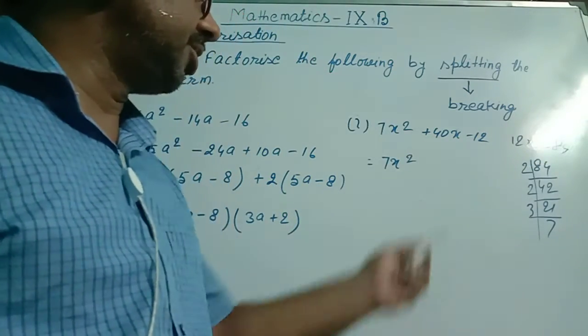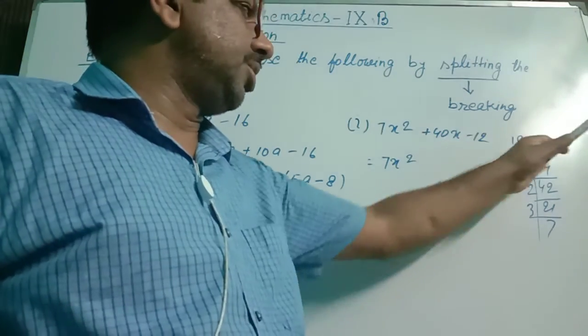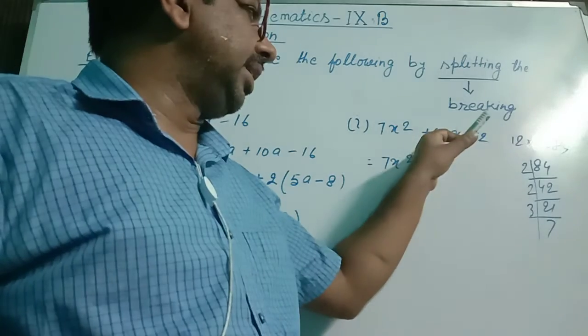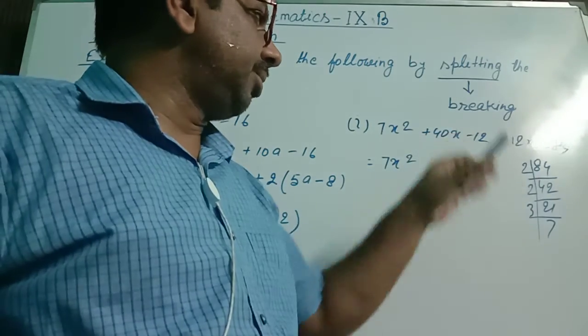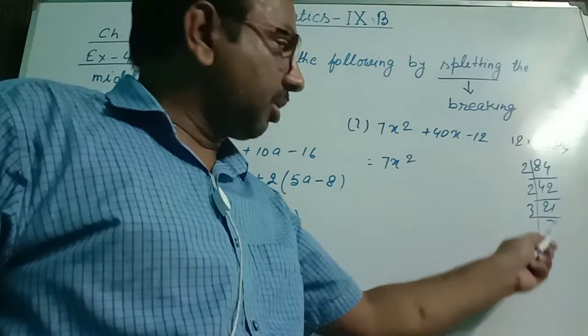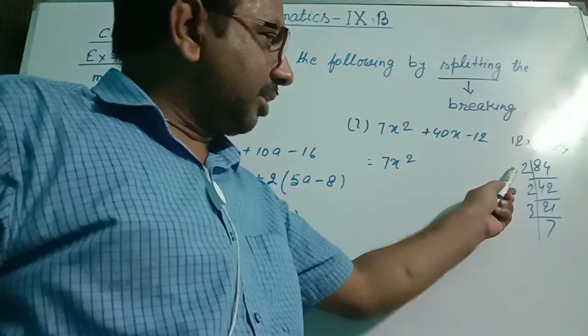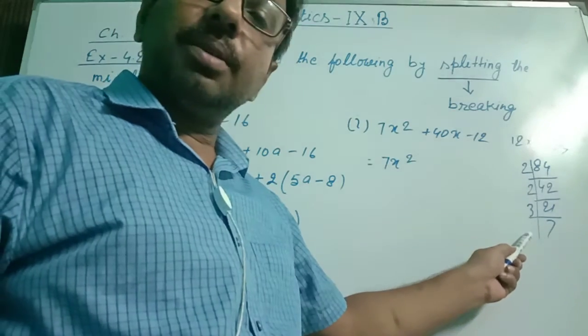How will we split this middle term? So for that, I prepared the prime factorization of 84. And the prime factorization became 2, 2, 3 and 7.